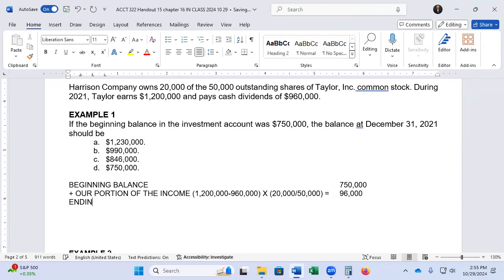And so our ending balance equals 846,000.